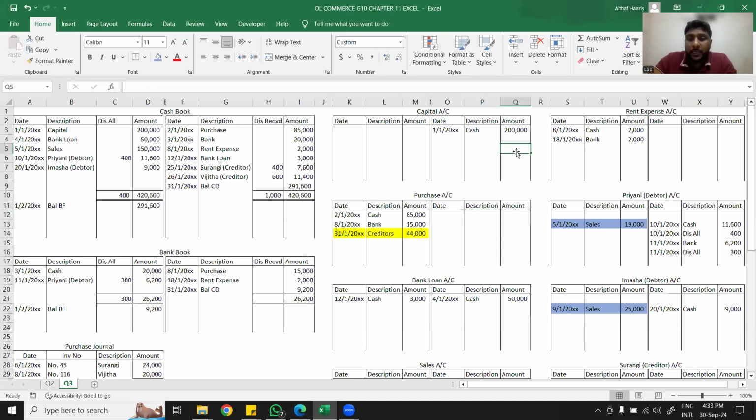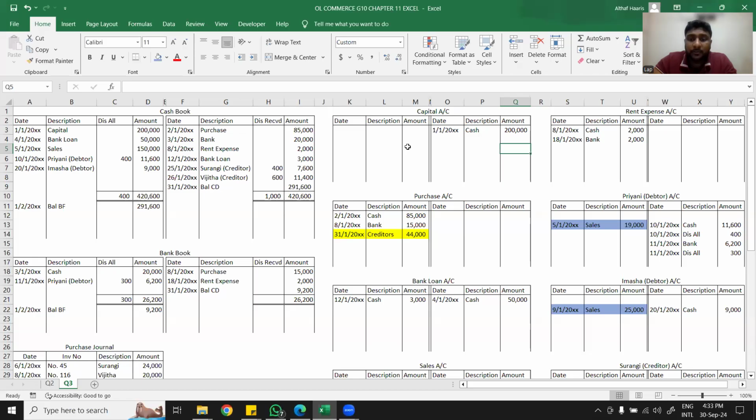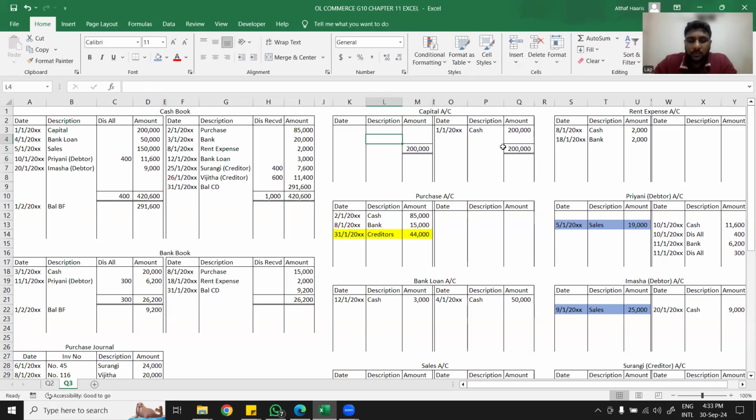Okay, let's move to the capital account, Lama. Both the sides 200,000. 31st January 20x6, BCD 200,000, BBF 200,000.